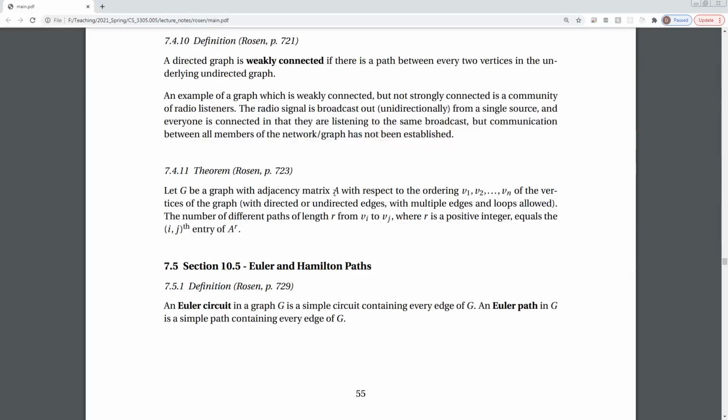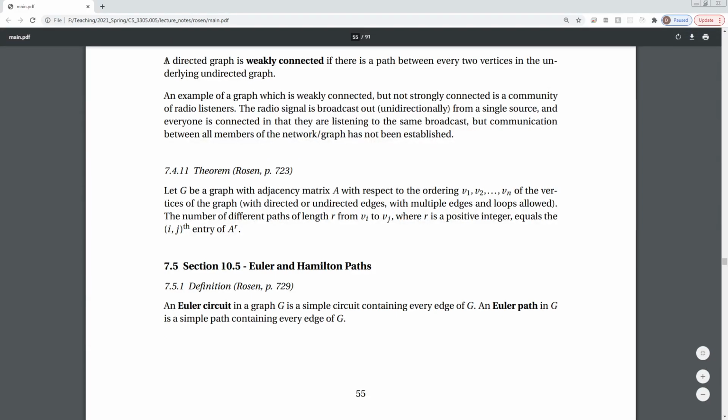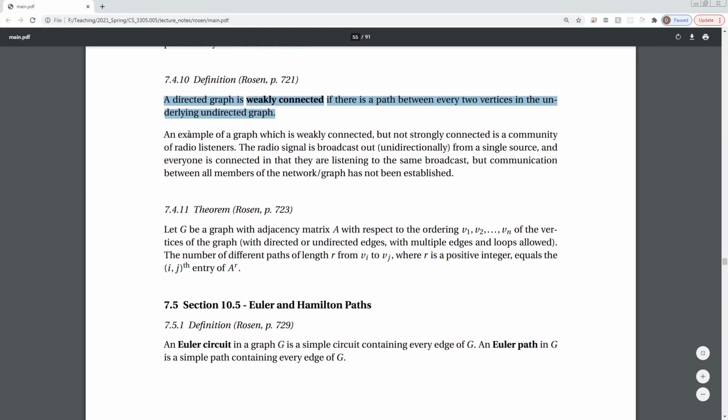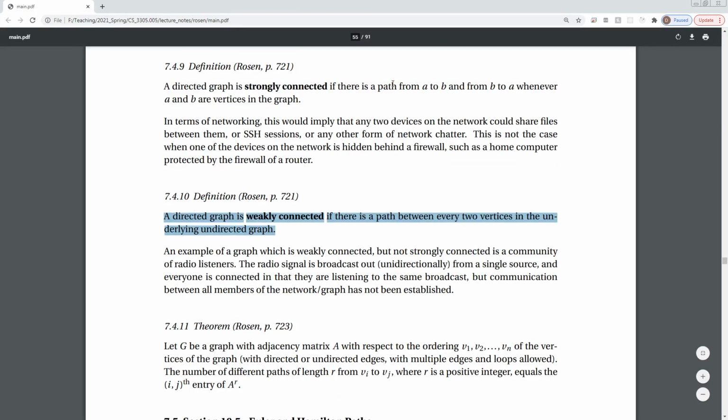Okay, so next. A directed graph is weakly connected if there is a path between every two vertices in the underlying undirected graph. Again, this symmetry condition of path connectedness is always satisfied in undirected graphs.